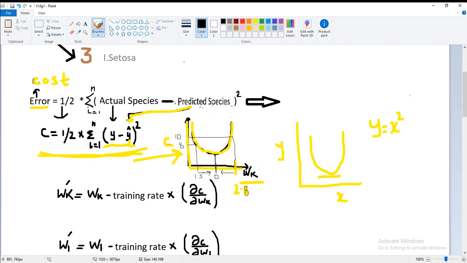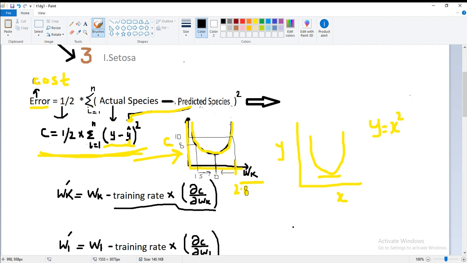So basically the idea is that we have to decrease or increase our weight to adjust it in such a way that it is minimizing the cost. Now what is that value which should be added to the existing value of weight to change it in such a manner that it approaches this value? So that value is this one: learning rate multiplied by the partial derivative of cost with respect to wk.